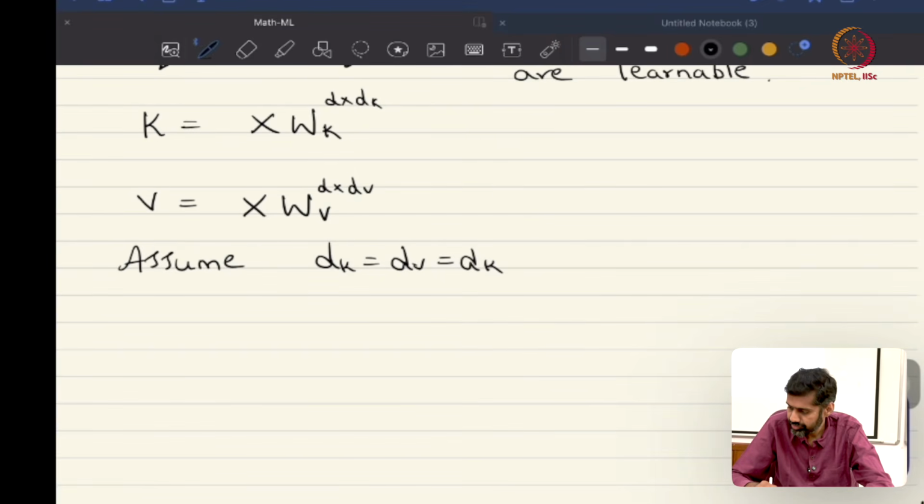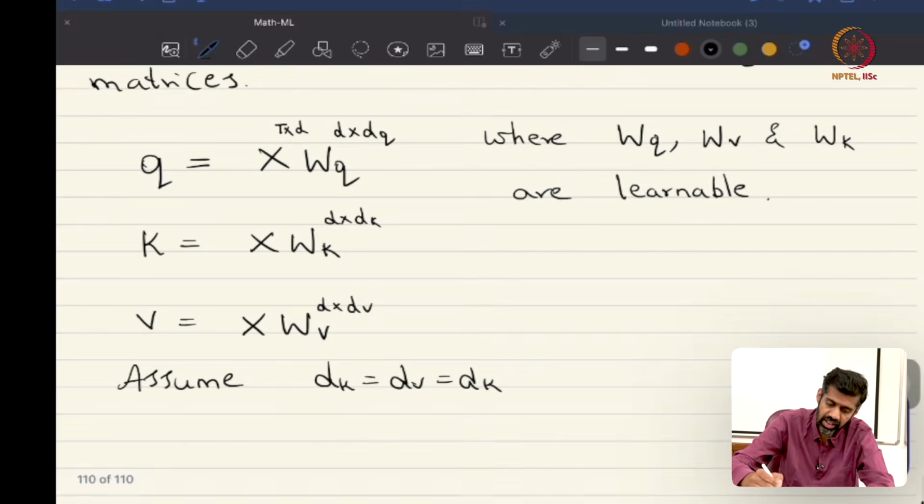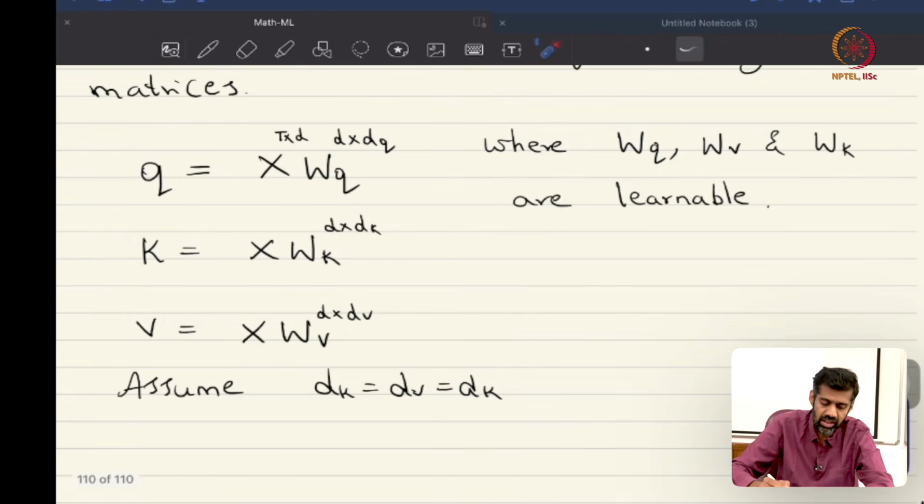Now, please note that every row of these matrices corresponds to the projection of one token in the data. The way we have defined these matrices, every row of this matrix is the projection of a token of data onto the space spanned by W_Q.